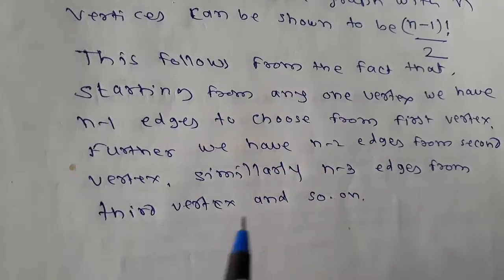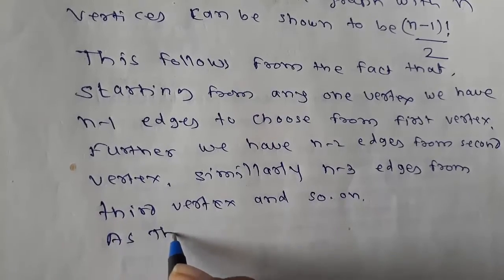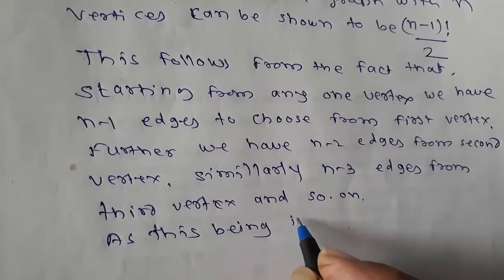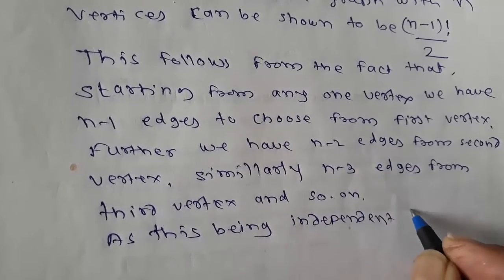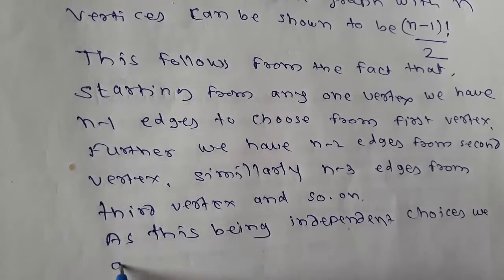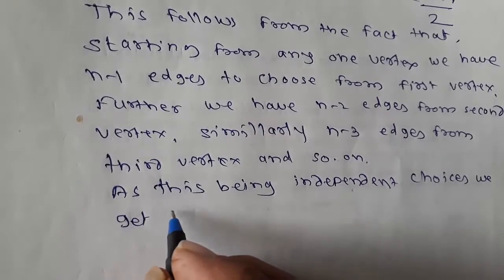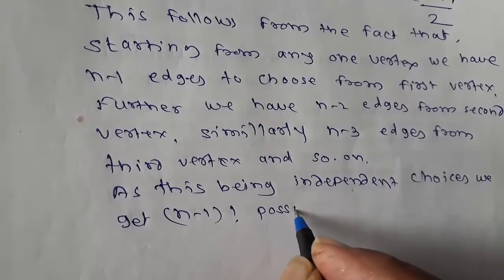As these being independent choices, we get (n minus 1) factorial possible number of choices.